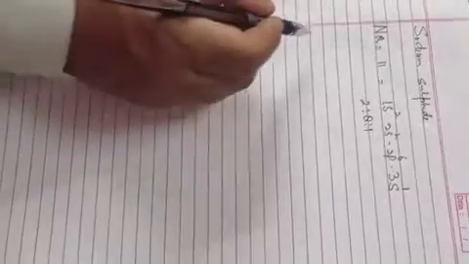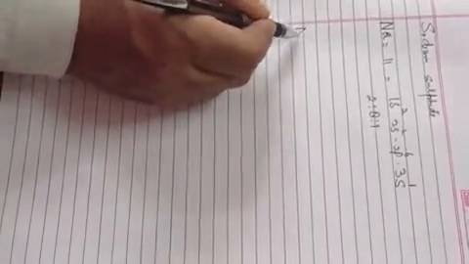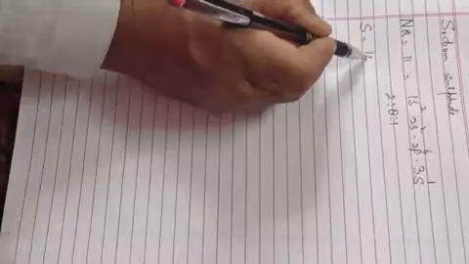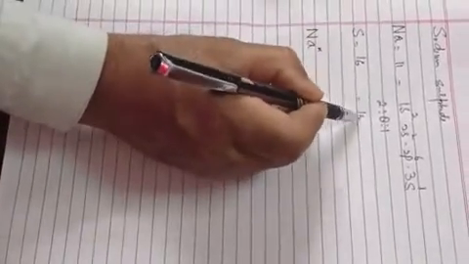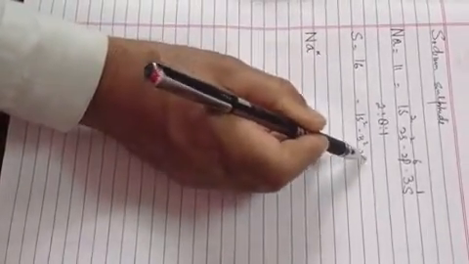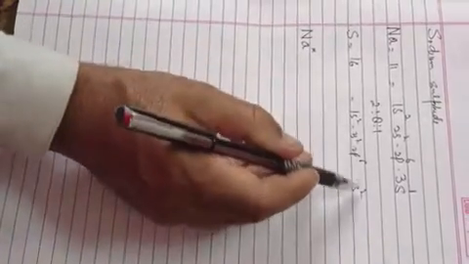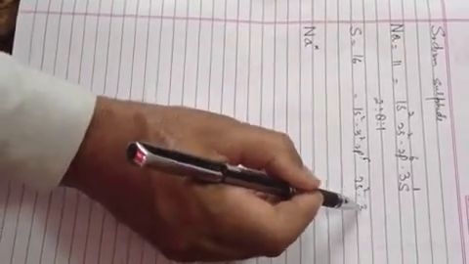It has 11 electrons, and one electron is present in the outermost 3s level. I will show that electron by means of a cross. And sulfur has 16 electrons, so in 3p it has 4 electrons in the outermost shell.